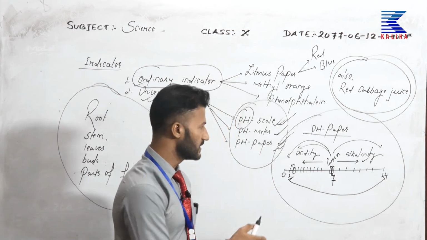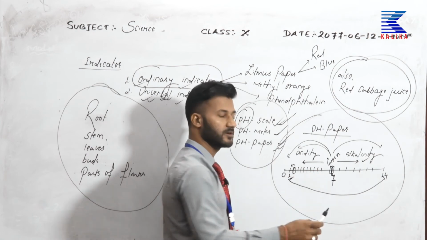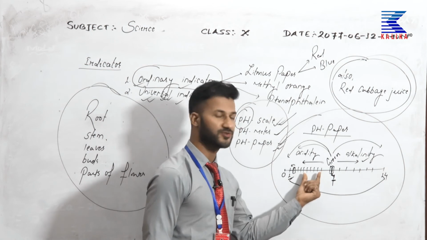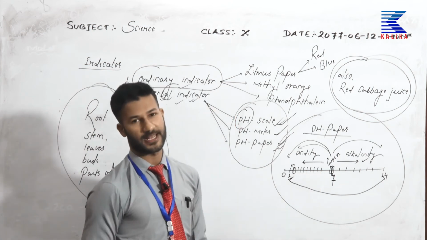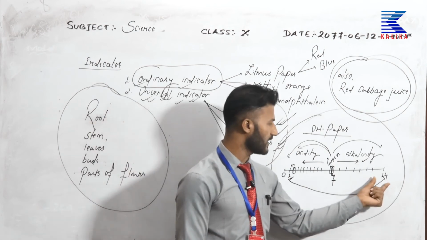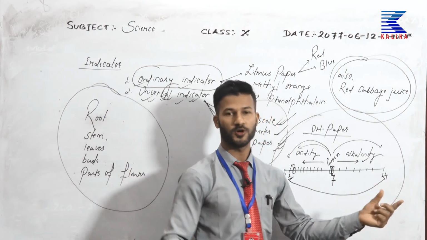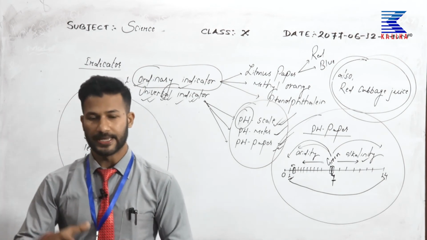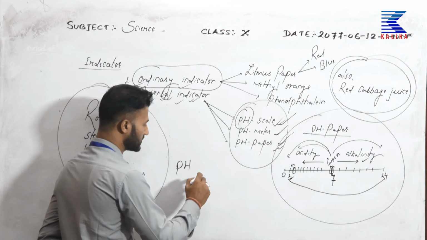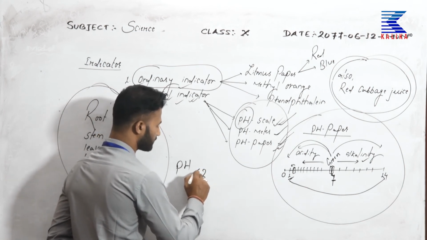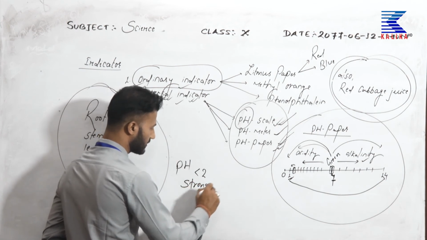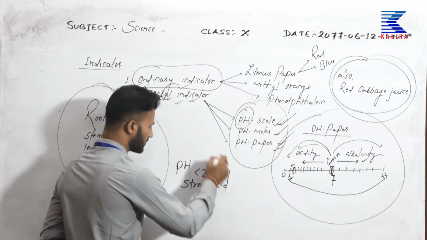Meaning the strength of acid, the strength of strong acid is determined by low pH value, whereas the strength of strong base is determined by high pH value. So, we may say acid with pH less than 2 is strong acid.